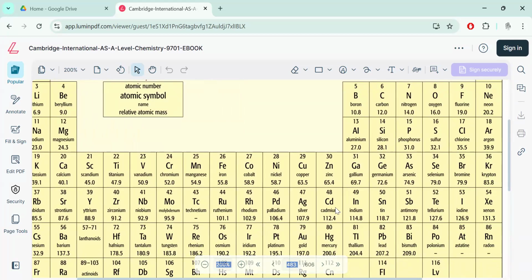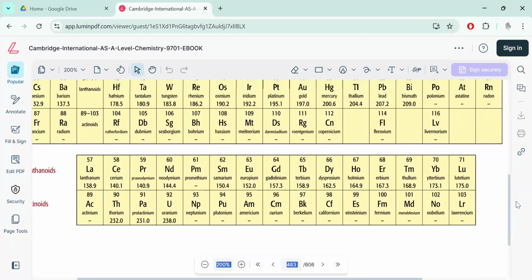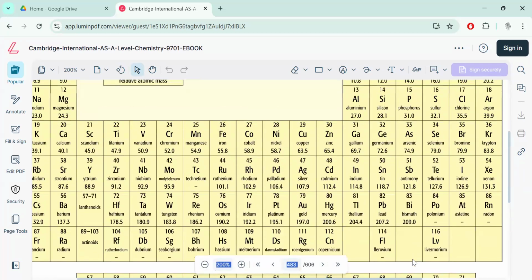And then we have calcium right there. That would be 20. And then for iron or Fe, we have 26. And then for palladium, Pd right here, 46.